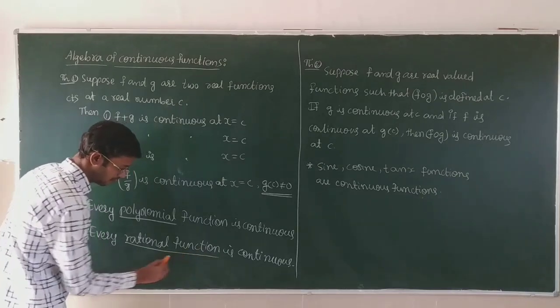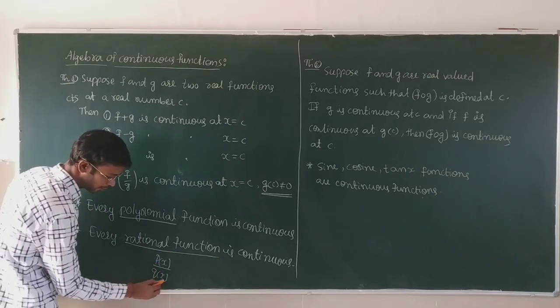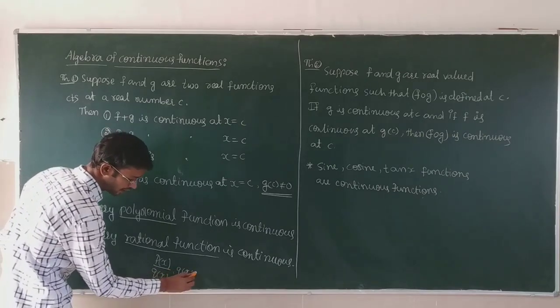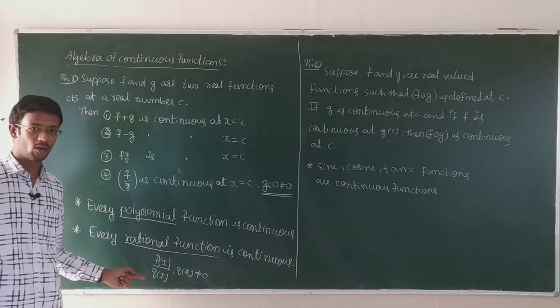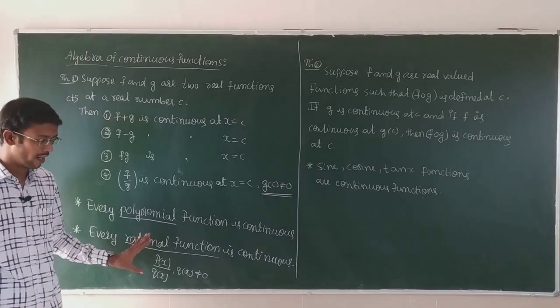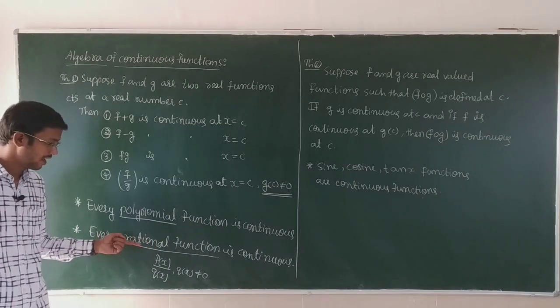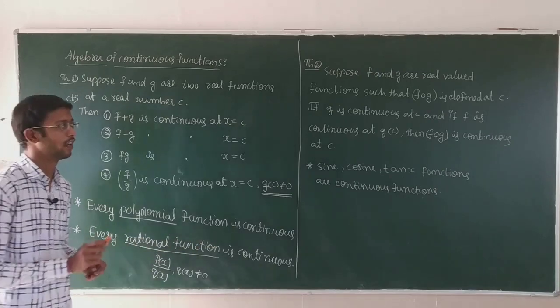Rational function means p of x by q of x, where q of x is not equal to 0, and p of x and q of x are two polynomials. If that condition is satisfied, it is a rational function, and that rational function is also a continuous function.